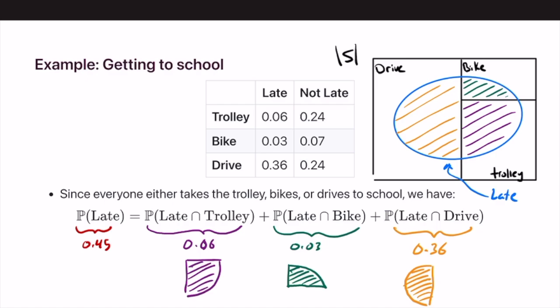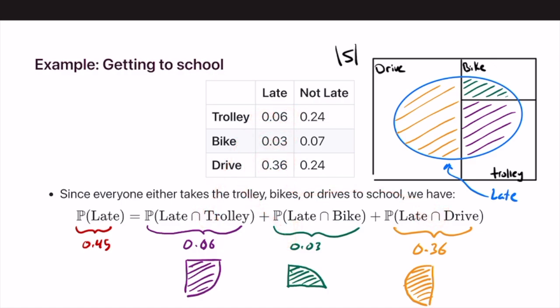Where these percentages come from is, since we're concerned about being late, we're going to be in this column, and these values are going there.